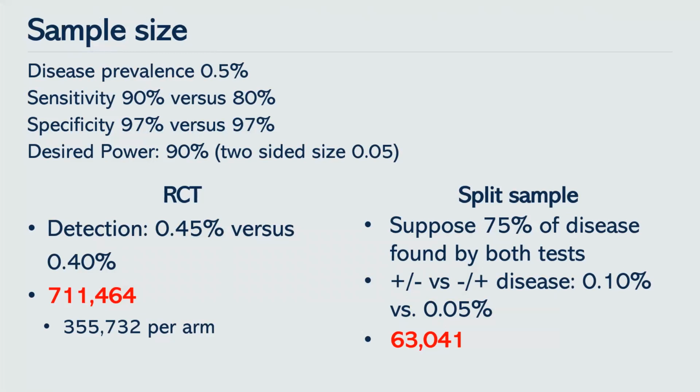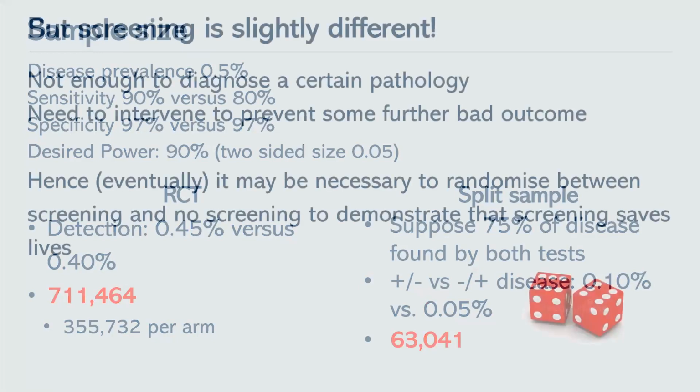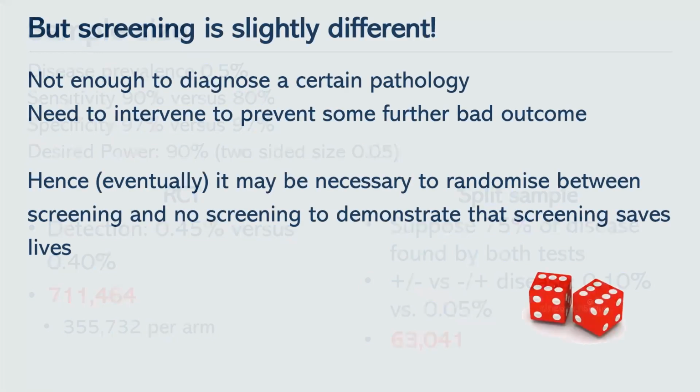And we assume that our new test, we want to show if it's better when we think it might be 90% sensitive compared to 80%. If you did a randomized controlled trial, you'd need 700,000 people to take part. But if you do this split sample design with some assumption about how similar the two tests are, then you would need 63,000. So less than 1/10 of the numbers. And that's a huge difference.